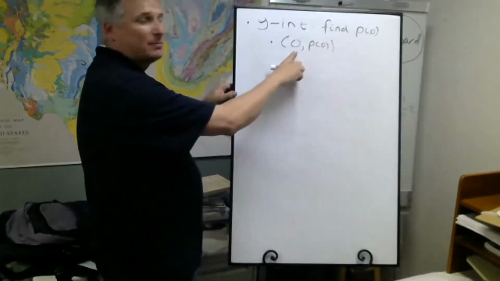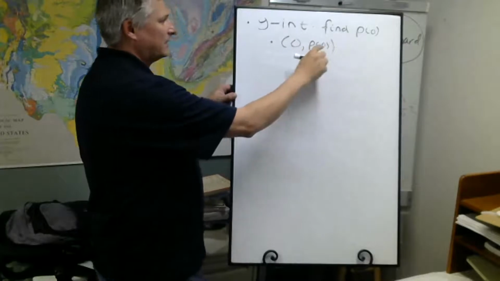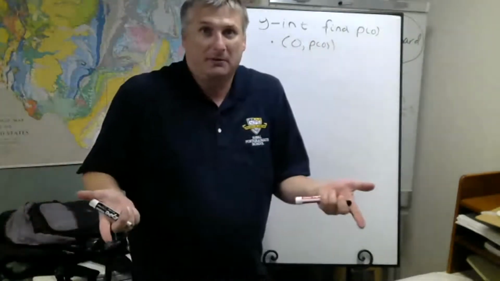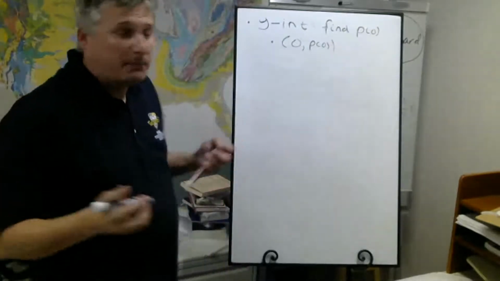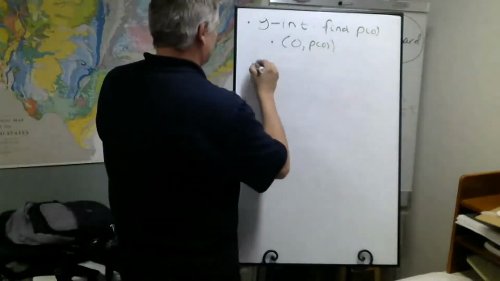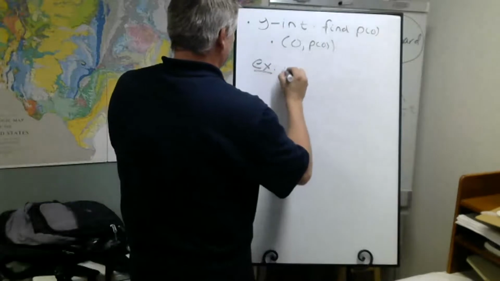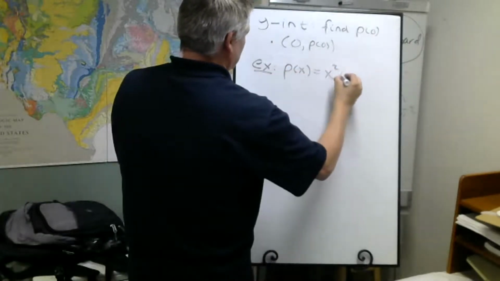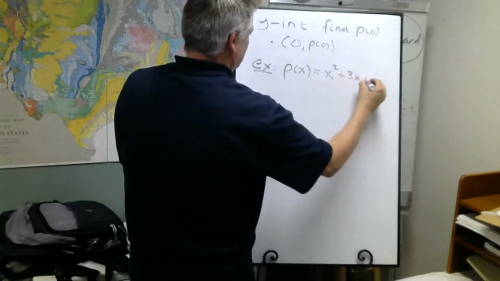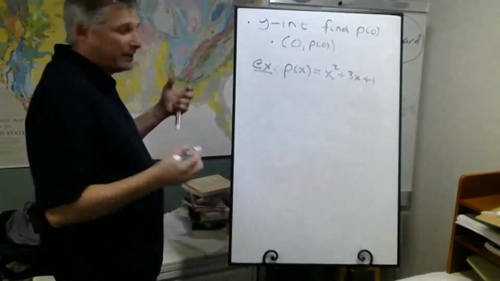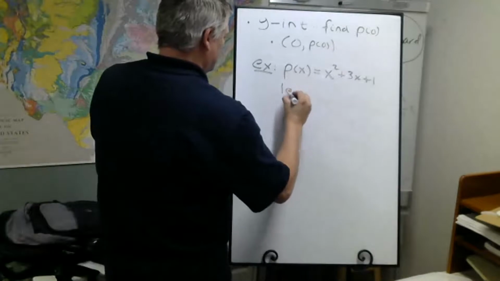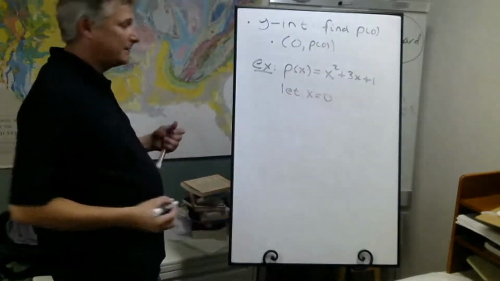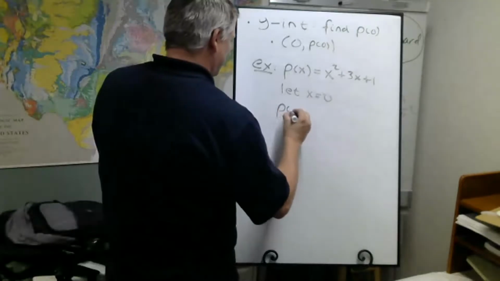Because remember, we let x be 0. And we'll get some p of 0, which might be a number that's not 0, could turn out to be 0. So for example, we let x be 0. So when we do that, we get p of 0.